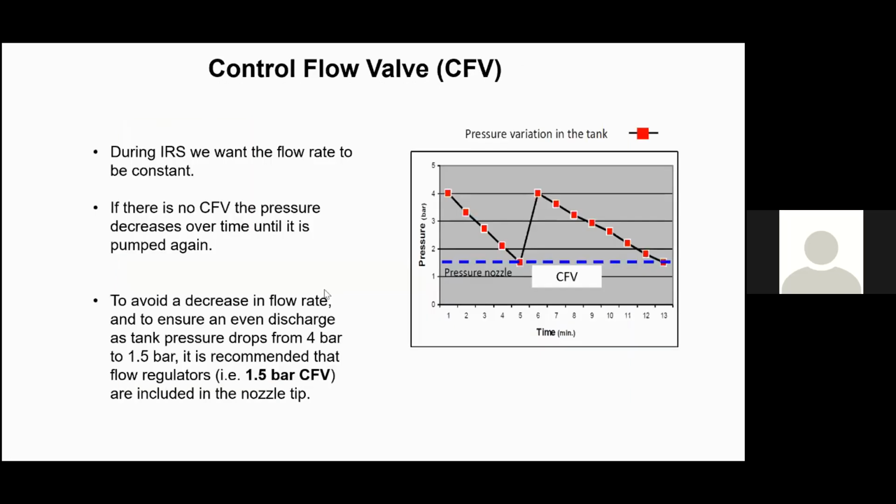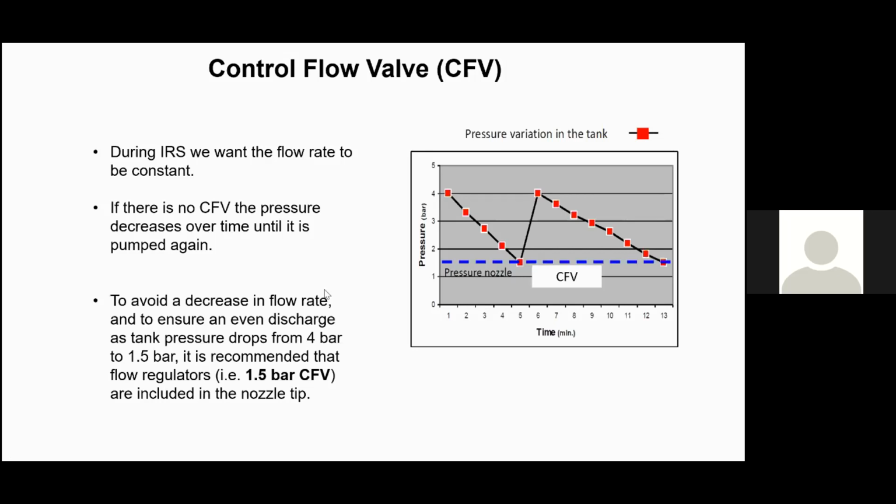Now, what are the advantages of control flow valve or CFV? During IRS, we want the flow rate of the insecticide suspension being sprayed on the walls to be constant. So there is no up and down in the discharge rate. Discharge rate has to be maintained at a constant level.